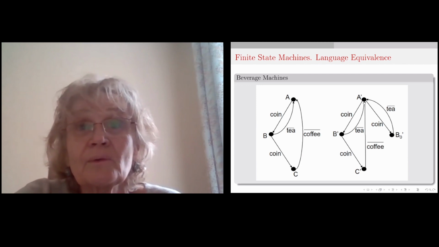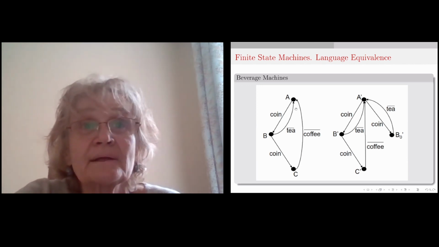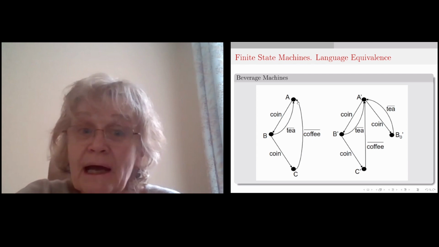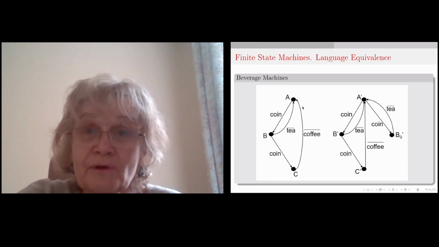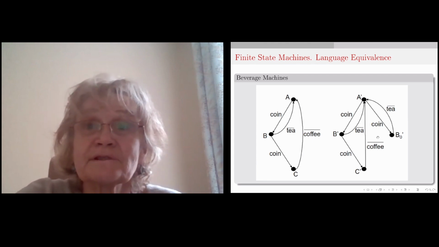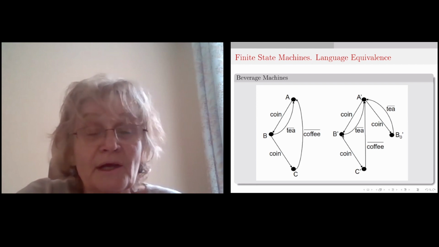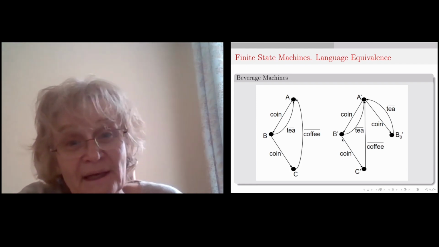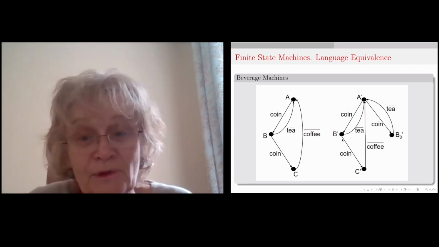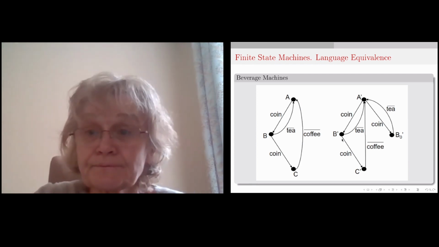Here we have a choice, and here we do not have it, and at the point where we do choice, that's a difference. Here we are in the state where we come by inserting a coin, but here we do not have choice, and here it is still possible. So branching is something that is important in this case.